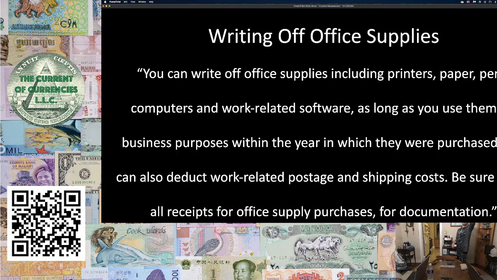Writing off office supplies. This is available, and everything else is available in NJ. That's the only one. You can write off office supplies, including printers, paper, pens, computers, and work-related software, which is huge. I have over $4,000 in subscriptions that I use just for my investment tools.